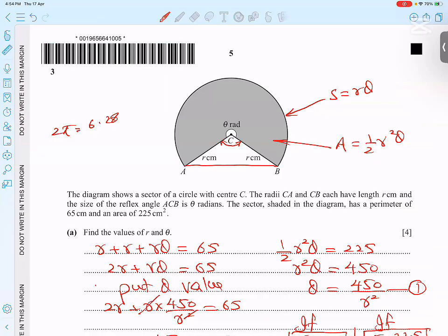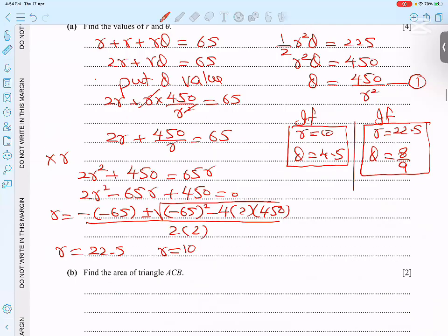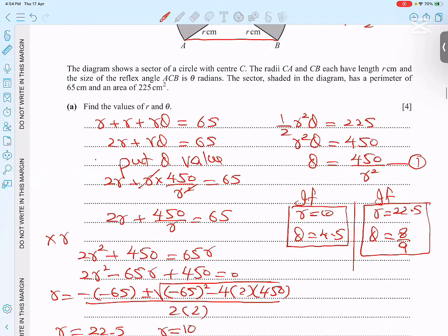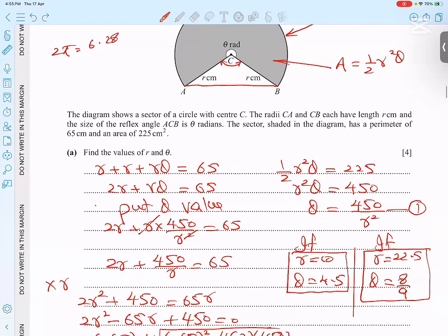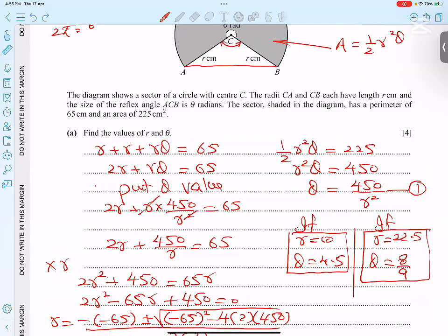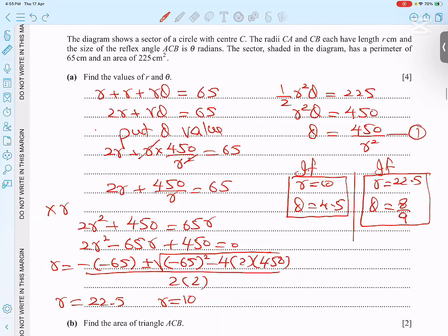If you look carefully, we have to use the reflex angle. Theta is a reflex angle naturally, so which reflex angle do I have to use here? Because if I take this number, this is not a reflex angle.